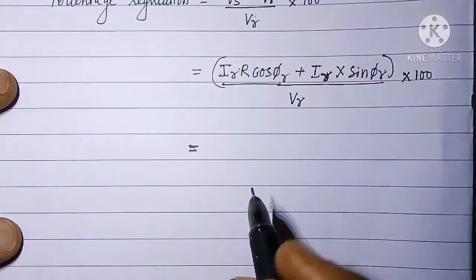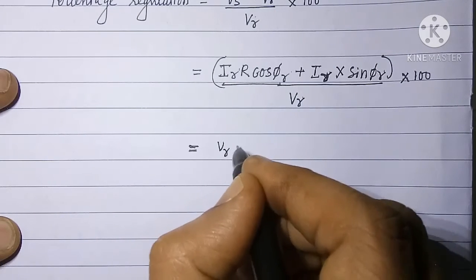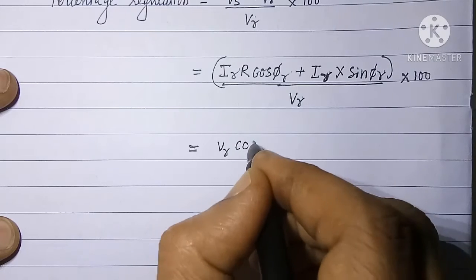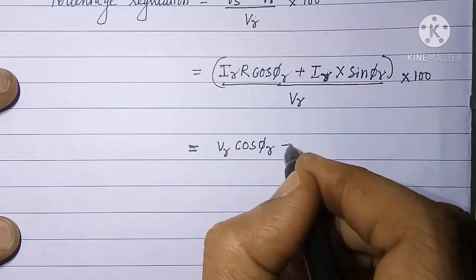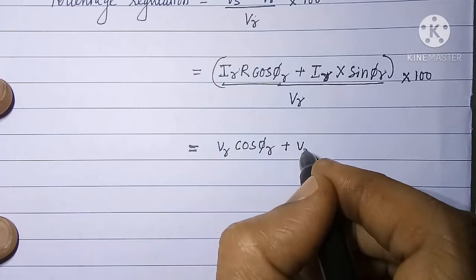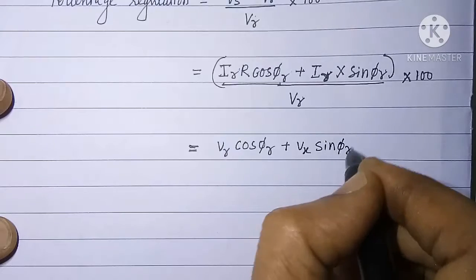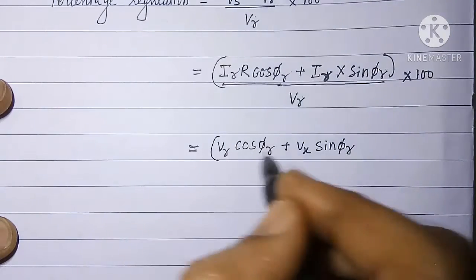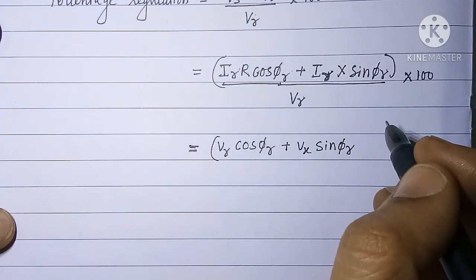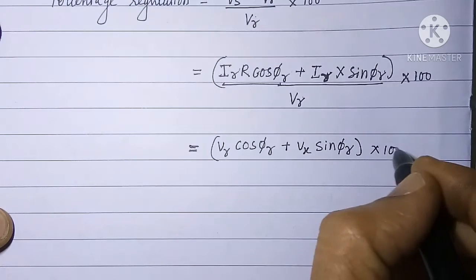Let us now rewrite this as small Vr into cos phi r plus small Vx into sin phi r, into 100.